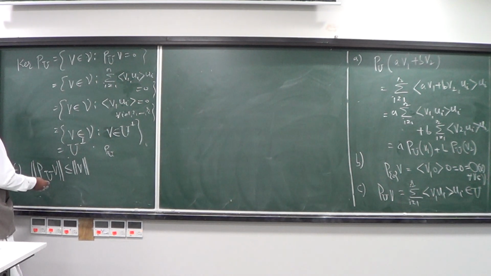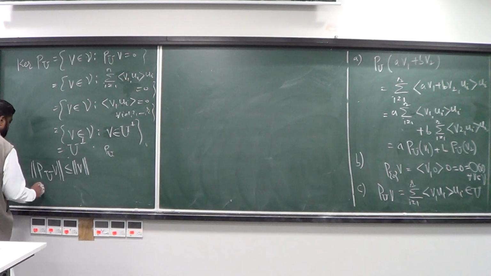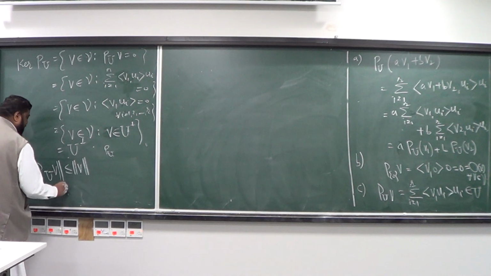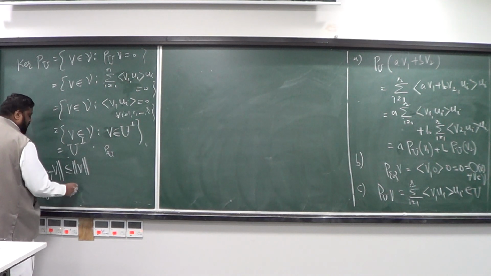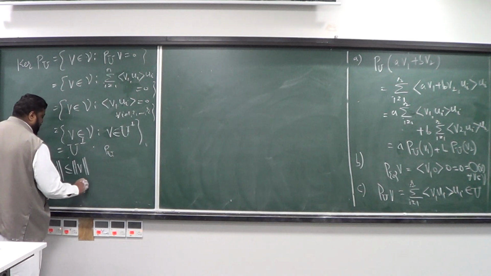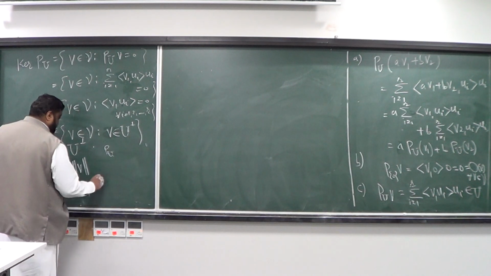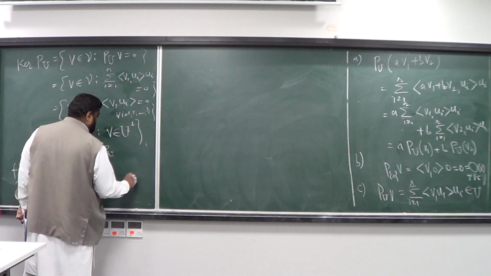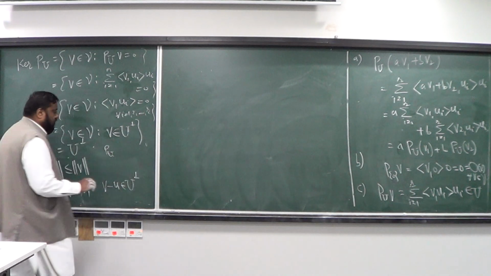If I say that the orthogonal projection of v onto U is a vector u, then we know that this vector u belongs to U, and v minus this vector u belongs to U perp. So this is known to me.